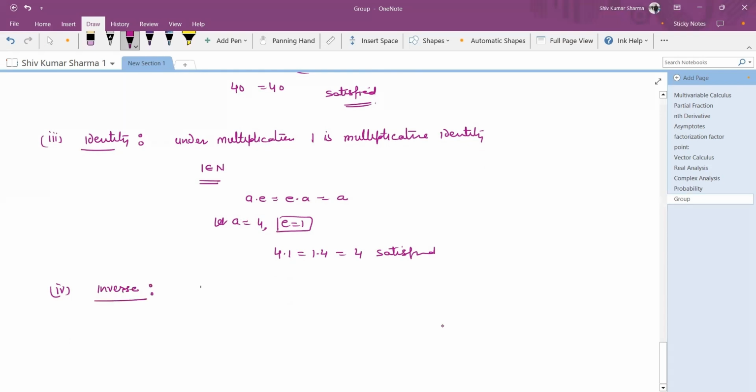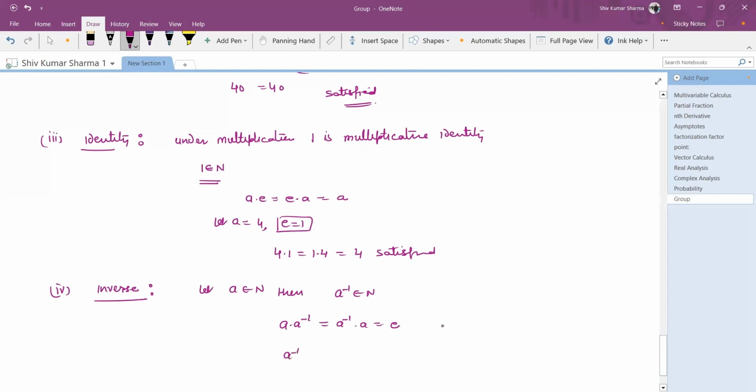Fourth property, inverse. If A belongs to the natural numbers, then it is necessary that A inverse also belongs to the natural numbers. So we can write A into A inverse is equal to A inverse into A is equal to E, the identity.